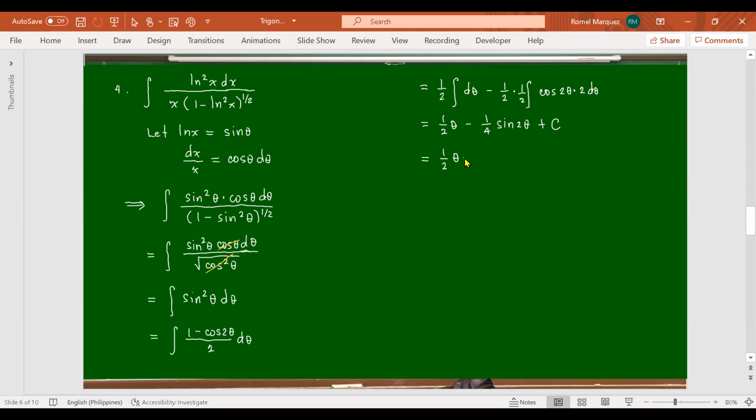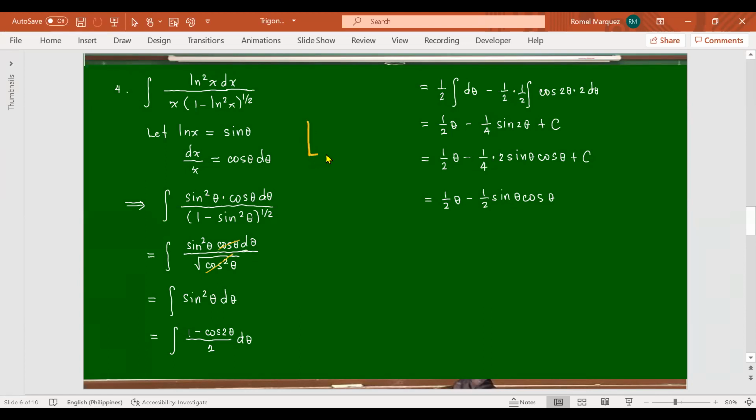Anong identity of sine 2 theta? That is 2 sine theta cosine theta. So plus c. So getting 1/2 theta minus 1/2 sine theta cosine theta.